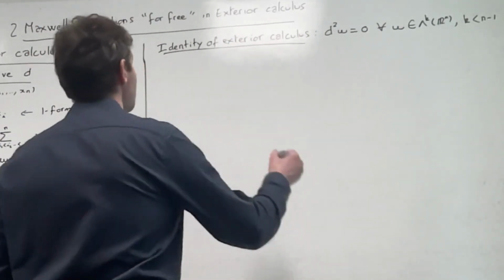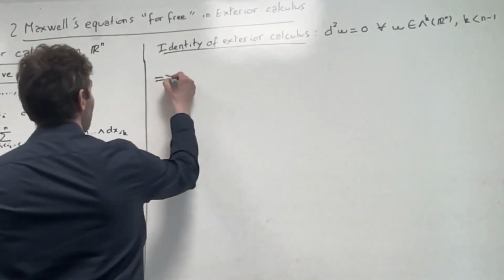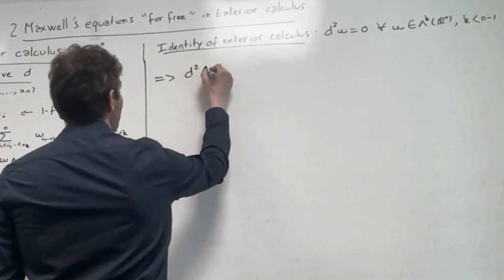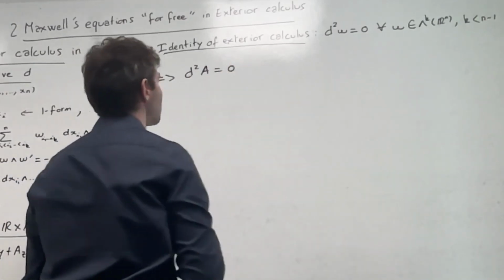Consequently, for us, d squared A must be equal to 0.